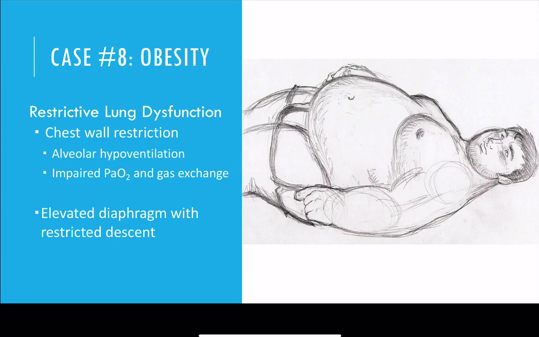And that first thing on your notes talks about a chest wall restriction. So the weight of the fat mass on the outside of the chest wall makes it very difficult to expand the chest. The excessive soft tissue is resistance against chest expansion.